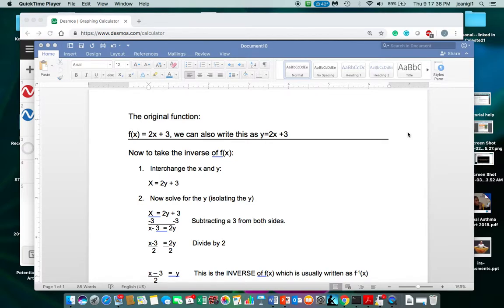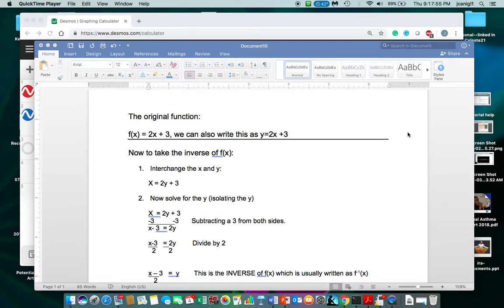Hello. Today we're going to look at functions and their inverses. For this particular example, I'm going to share with you a linear function, a function of a line.